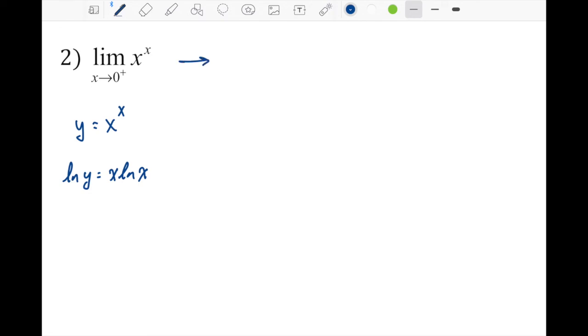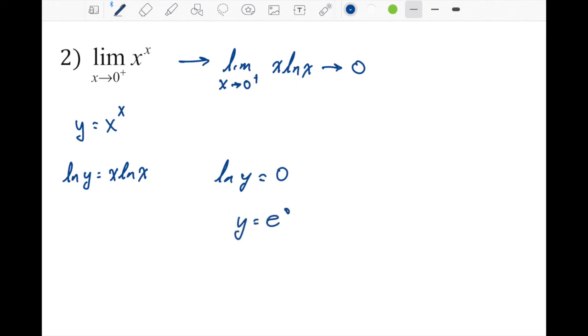Let's reconsider this as the limit as x approaches 0 from the right of x ln x. Direct substitution, that is 0 times infinity. We actually already saw that. This is approaching 0. That was an earlier example. So we have natural log of y giving 0. So y is e^0, which is just 1.